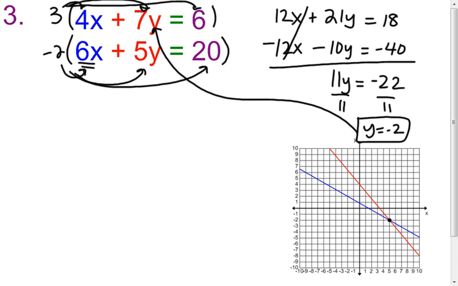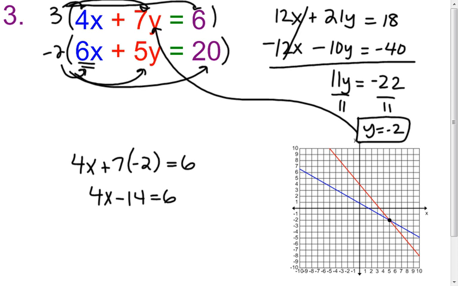Okay, so now I will have 4x plus 7 times, I know my y value is negative 2, equals 6. So I have 4x minus 14 equals 6. Add 14. So I have 4x equals 20.